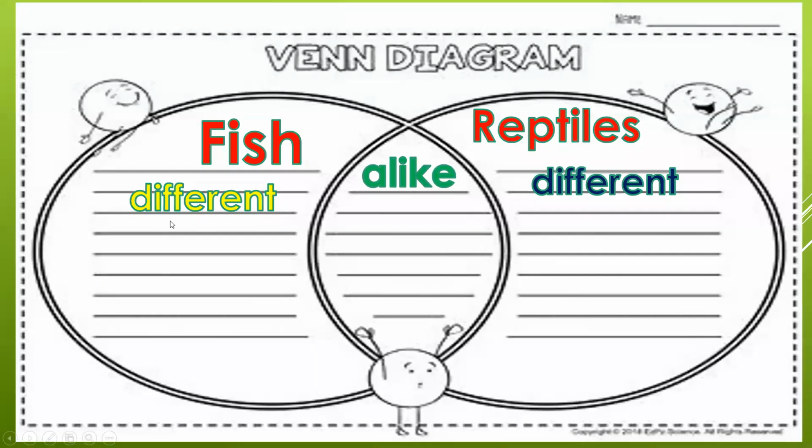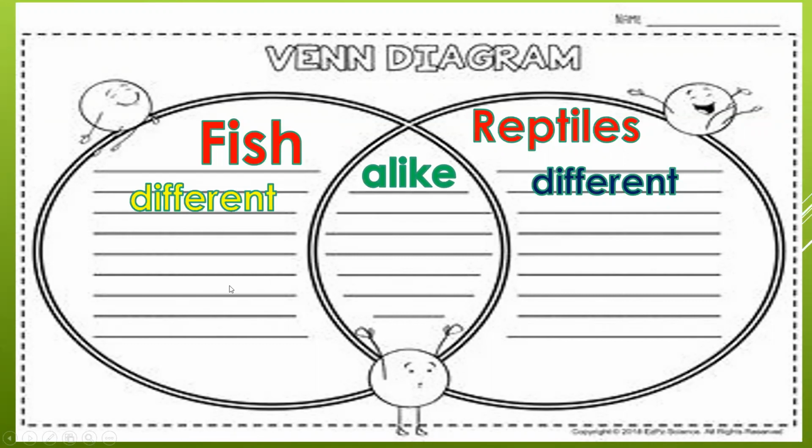Now we are using this diagram to compare between fish and reptiles. How are they the same, fish and reptiles? Both of them have eyes, tails, and a mouth. How are they different?